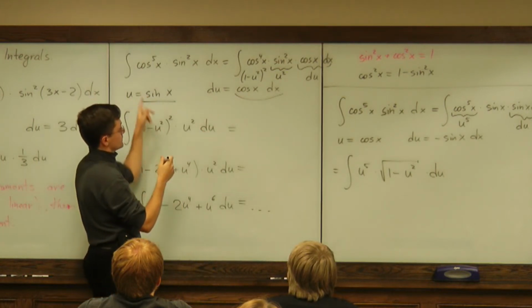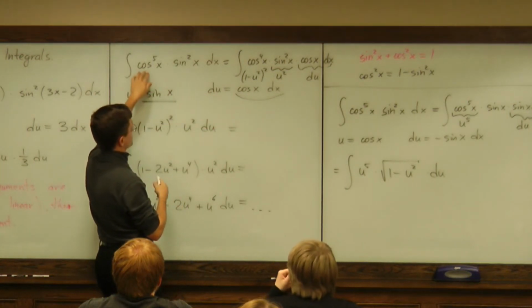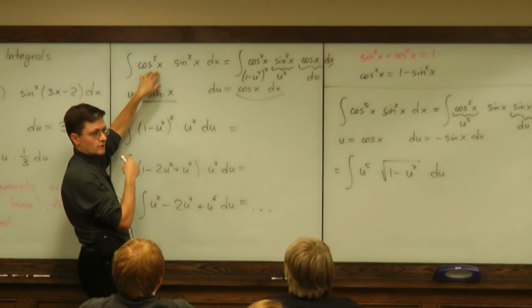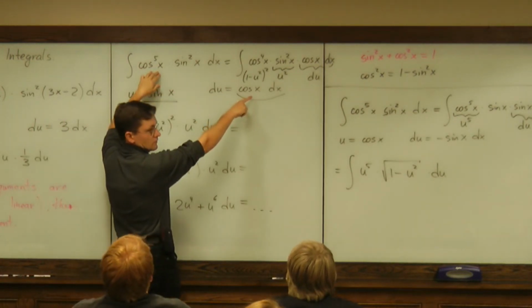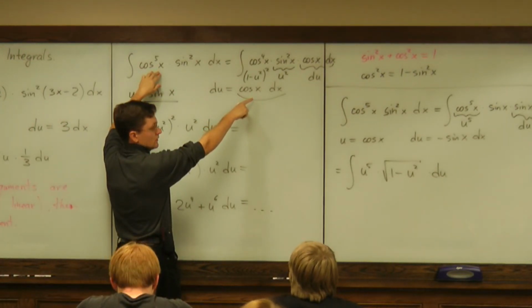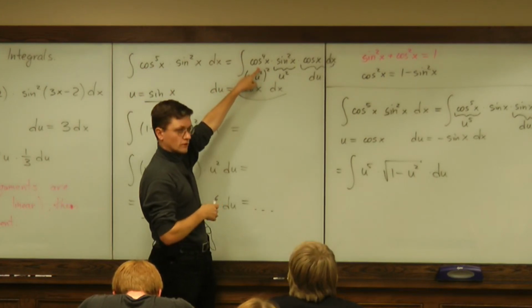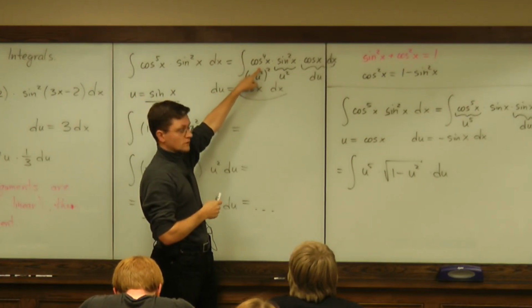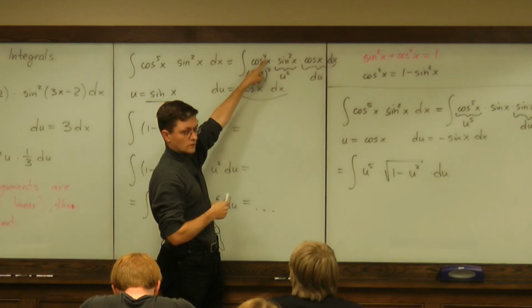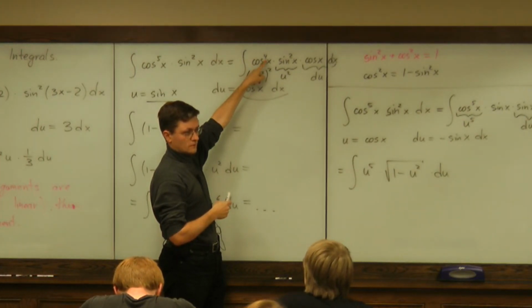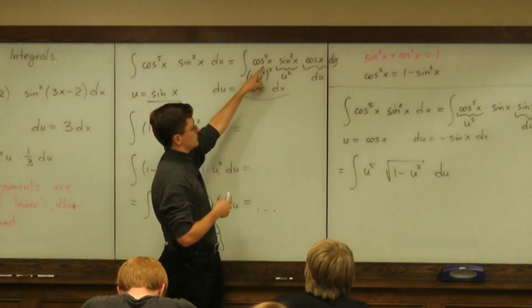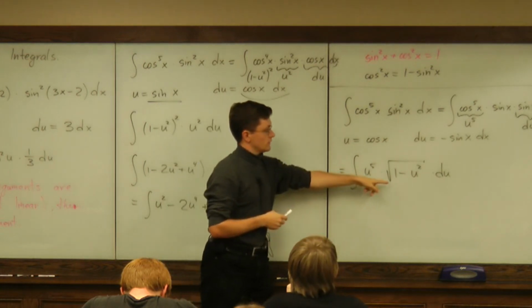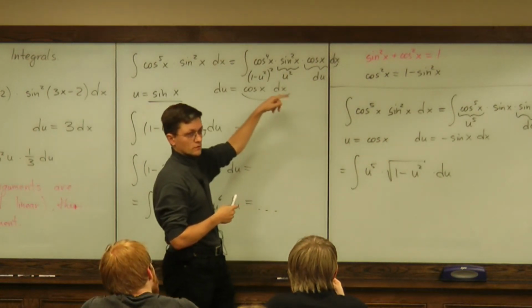So what happens in the process is that out of all those cosines you had originally, you had to separate one to make du, and then you hope that whatever you have left has what? Even power. That's exactly what makes this successful as opposed to that when we had odd power left.